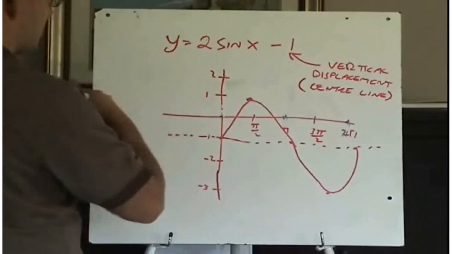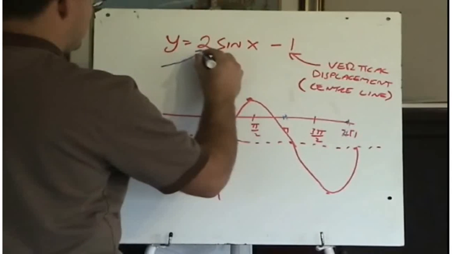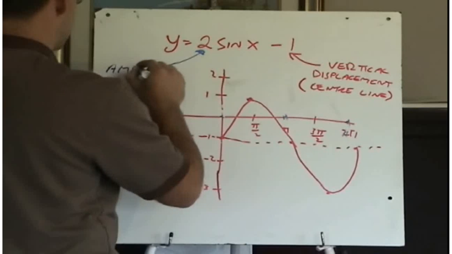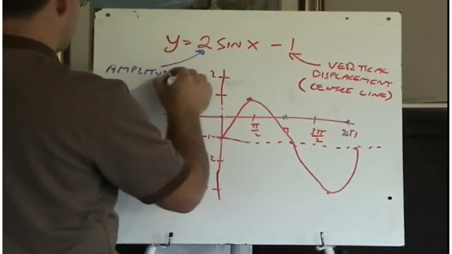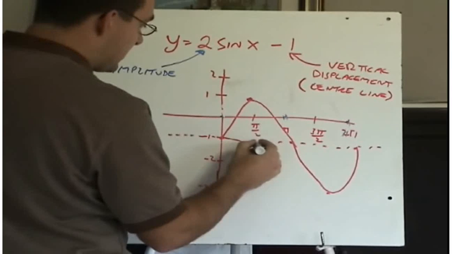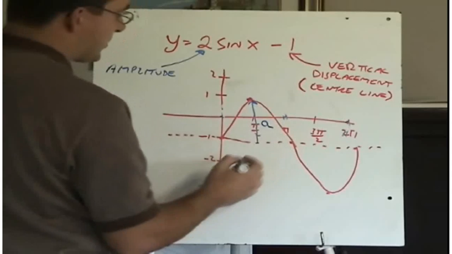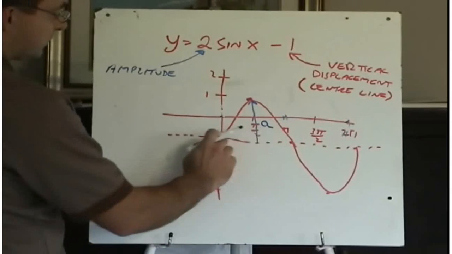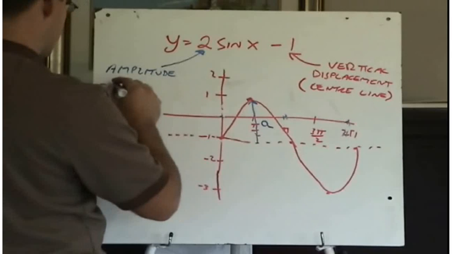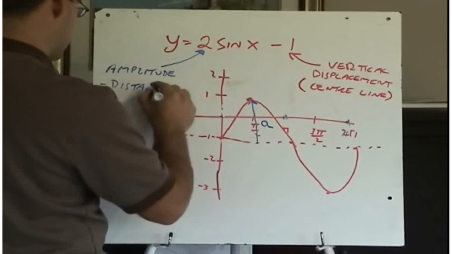This number here is what we are going to call the amplitude of this function. Call this A for amplitude. The amplitude is the distance from the center of the graph to its maximum point.